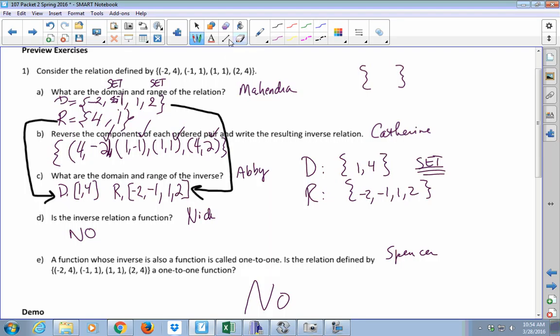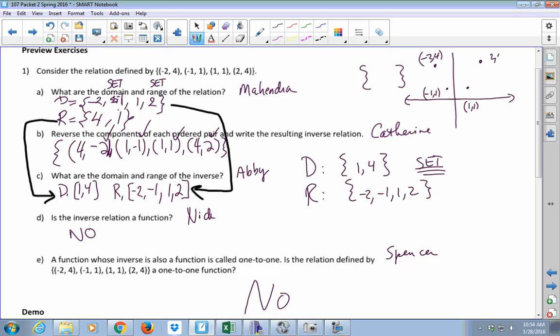Okay, so let's talk about that briefly for a minute. Because this relation only has 4 points. So in other words, if you were to graph this, you would have -2, 4 right here, right? -1, 1. 1, 1, and 2, 4.